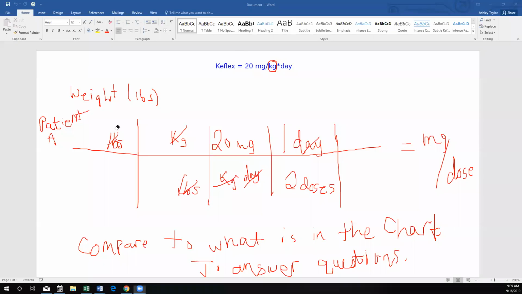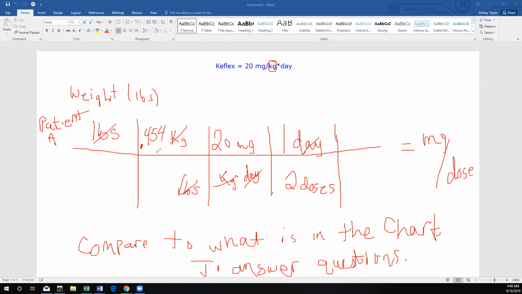So I have my pounds over here, kilograms, pounds down here. So I can cancel all of these things. Now my kilograms per pound, if I look at my conversion sheet, that gives me 0.454.